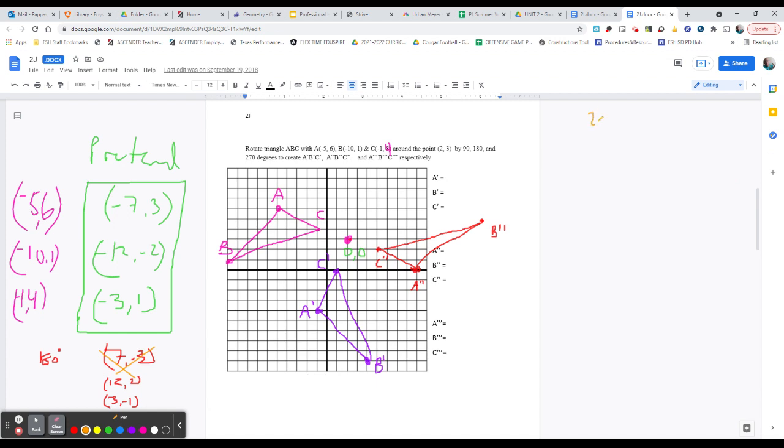Okay, so now if we rotate it 270, again, we're still working with pretend points here. Okay, because again, we don't have the origin at 0, 0. The center of rotation is there, so we're not totally out of the woods yet. We don't have our real points in yet. So we're rotating 270.